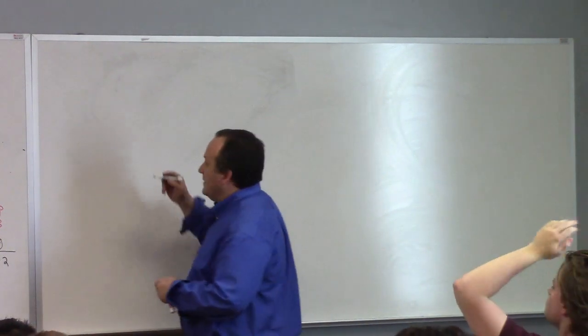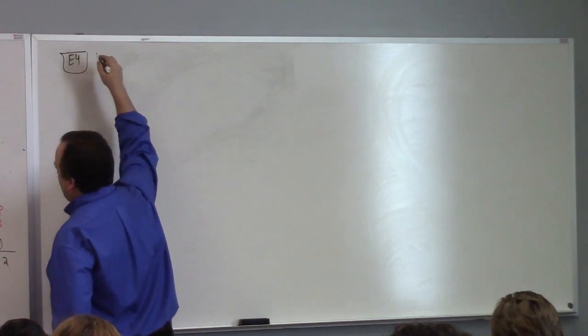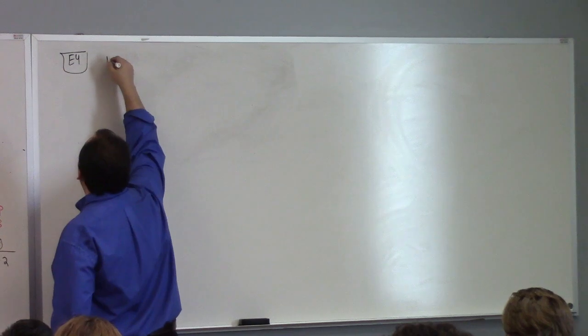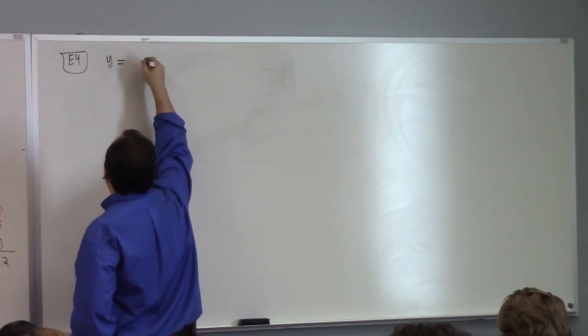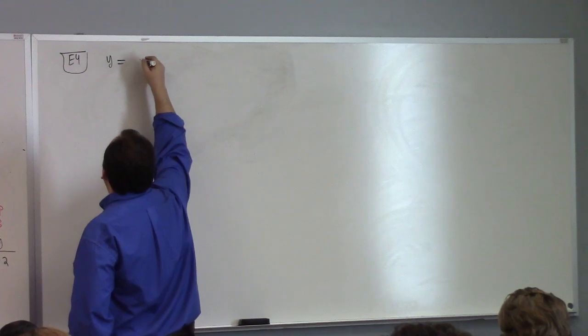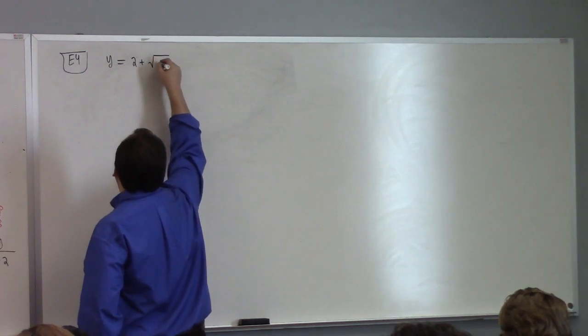Example 4. How about if we have y equals 2 plus the square root of minus x.